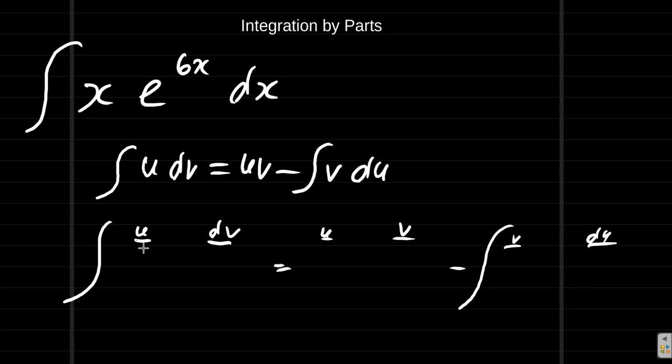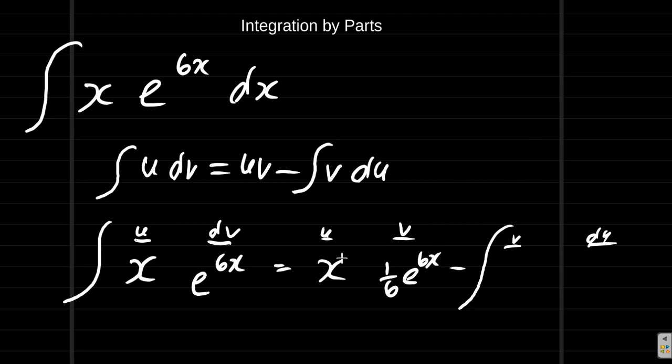So, the integral of u dv, u is x, dv is e to the 6x, equals u remains x. Now, to go from dv to v, you have to integrate. Right? Now, when you integrate e to the 6x, you're going to get 1/6 e to the 6x.